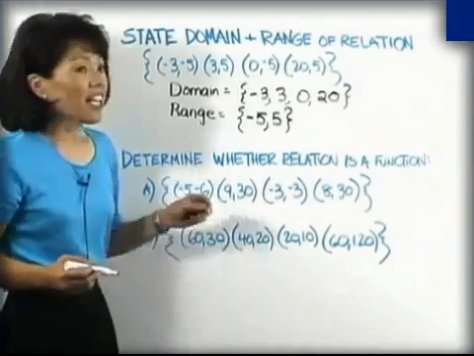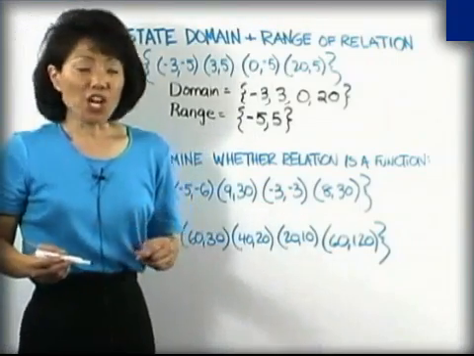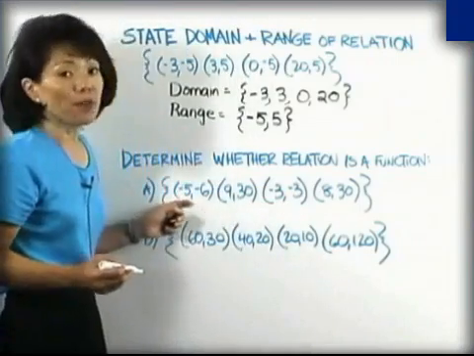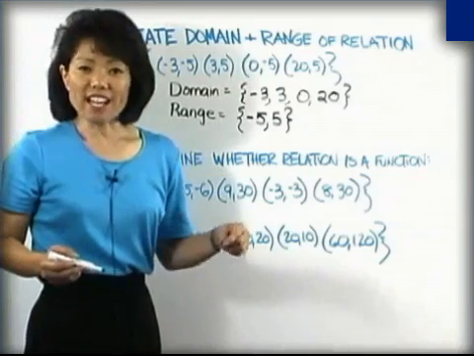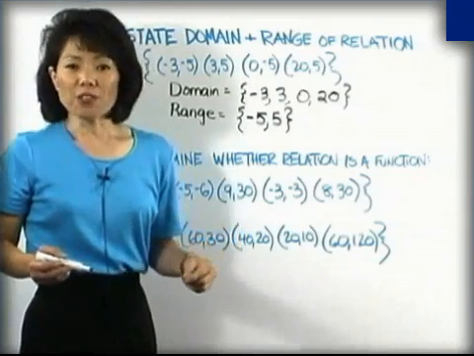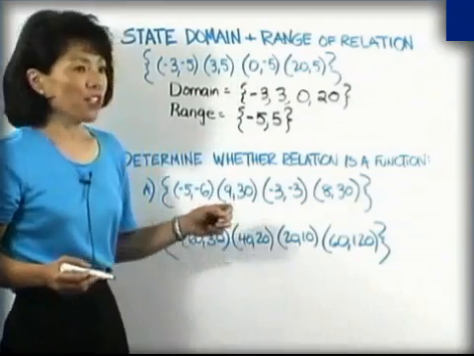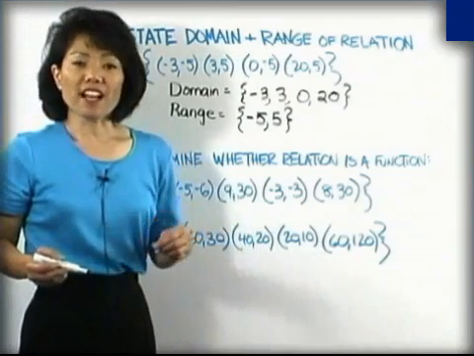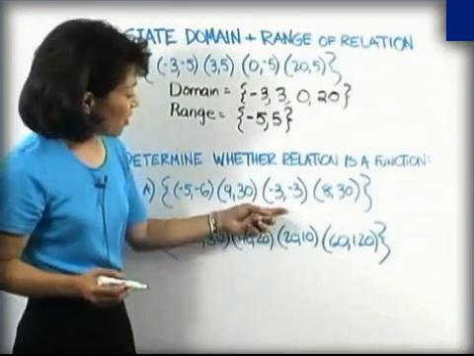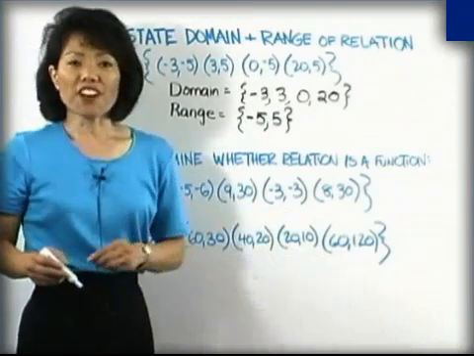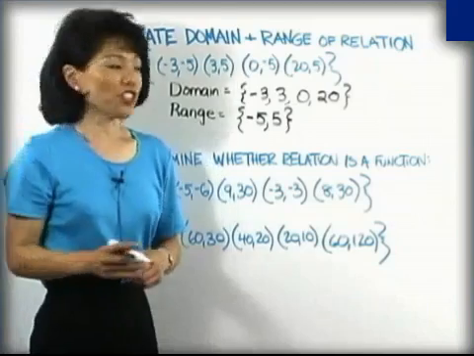A function is a relation where all first components are paired with exactly one second component. Or in other words, every x value is paired with exactly one y value.